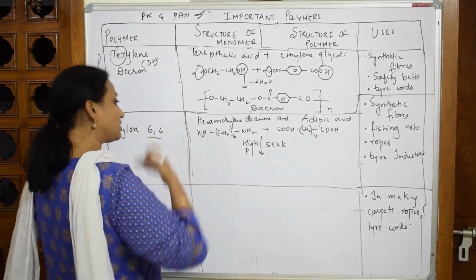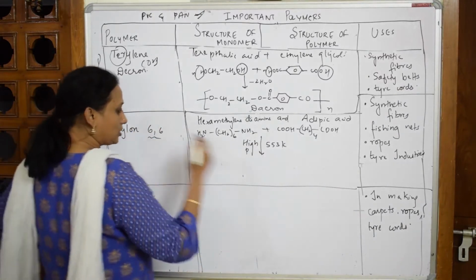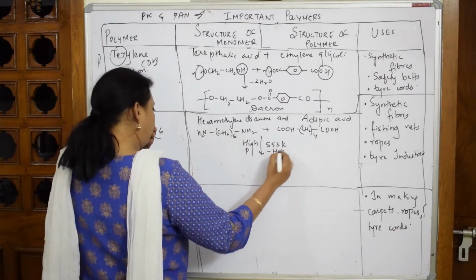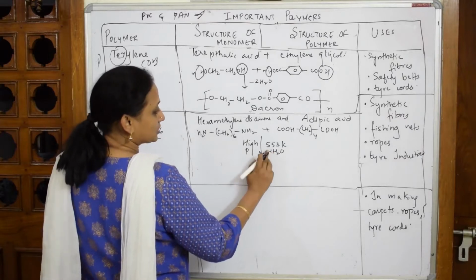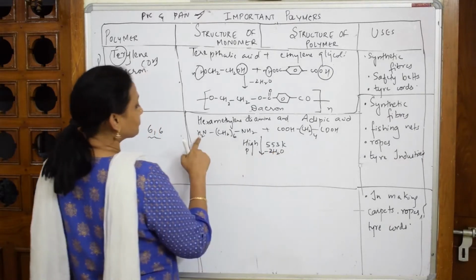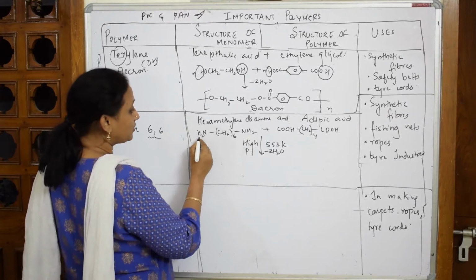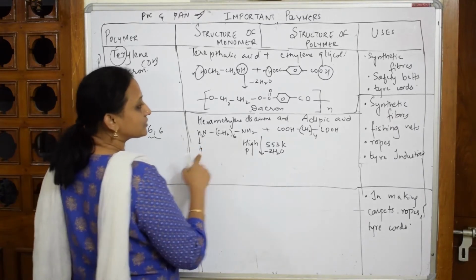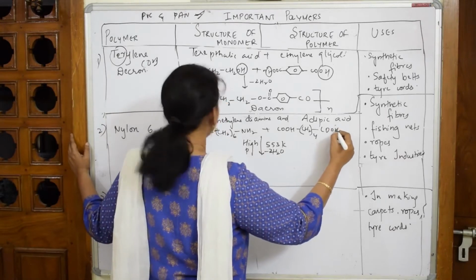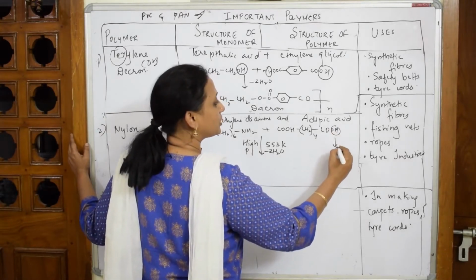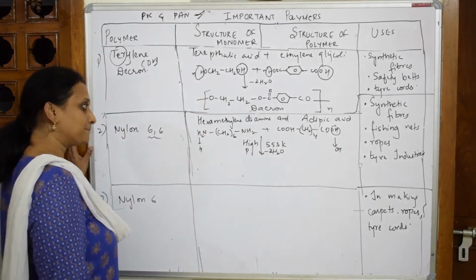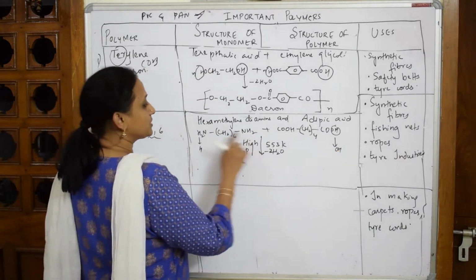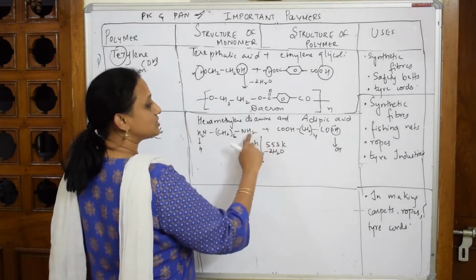How is the water molecule lost? Sorry, 2 water molecules are lost. From where are they lost? H from here. Observe carefully. 1 H I am taking out from here. When you're taking 1 H from here, immediately take out 1 more OH from here. Done. Now come back to this, because from here and here condensed. I need to condense these two.